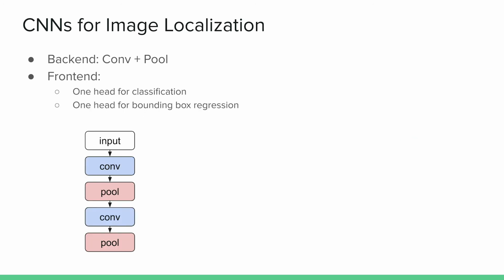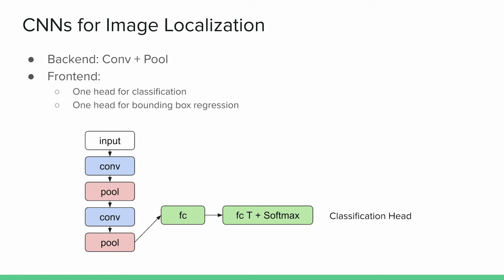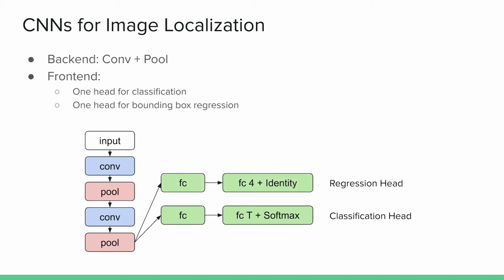If we also want to add the position, we could use the same backend, again convolutional and pooling, but we would create two outputs, because we want to know about the class and we want to know about the region where that object appears. So we create the classification head, which is a fully connected layer with the Softmax, and we create a second head.